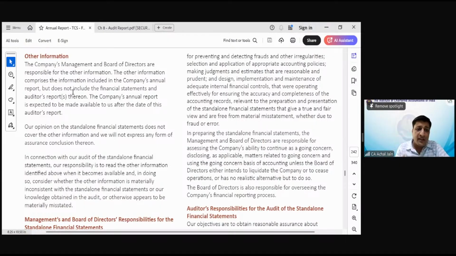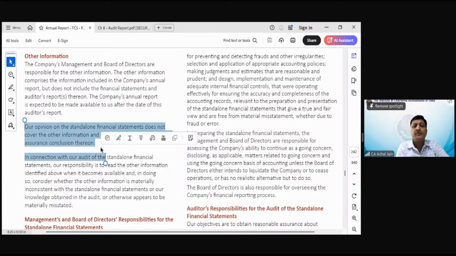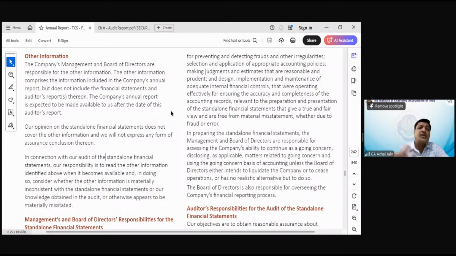Now he is clarifying that as regards our opinion, which you have just read, that doesn't cover other information. So he's saying that user should not think that we have also audited the other information. We are not providing any opinion on that.